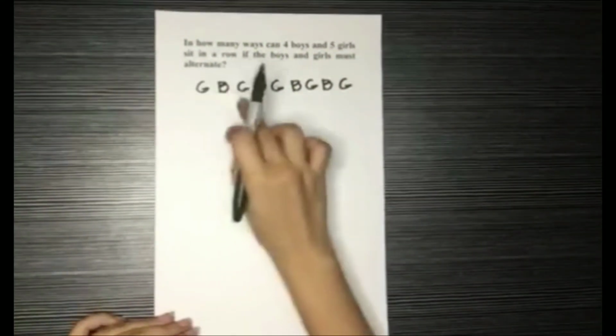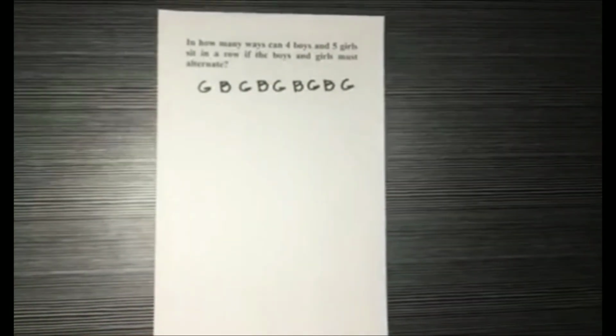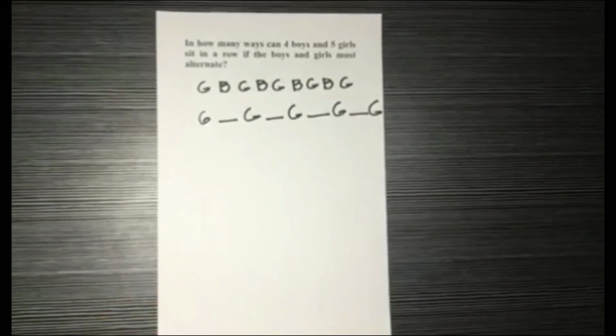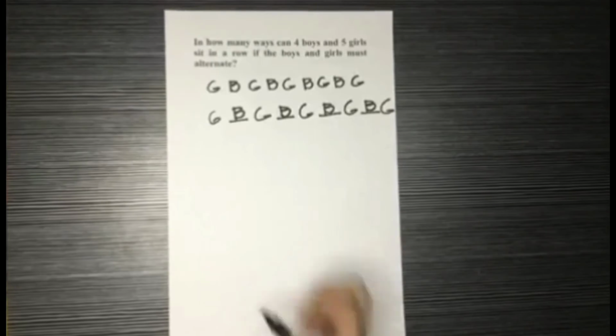Let's first place the 5 girls in their places in the row. Let's now place the 4 boys in the places between the girls. The number of permutations of these 4 boys is 4 factorial, which is equal to 24. So these 4 boys can be arranged among themselves in 24 ways.